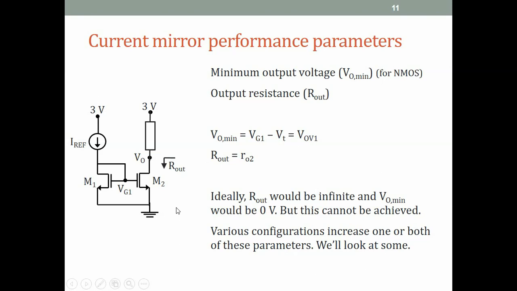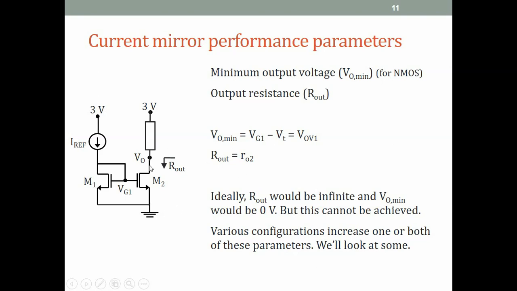So that is one measure, the Thevenin's output resistance of the current mirror. The other is the voltage it requires to act as a current mirror. Alright, I will use the words mirror and source interchangeably.